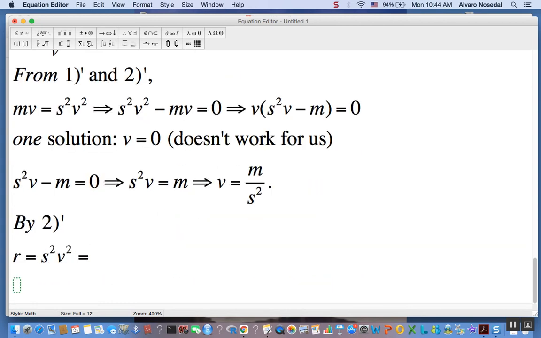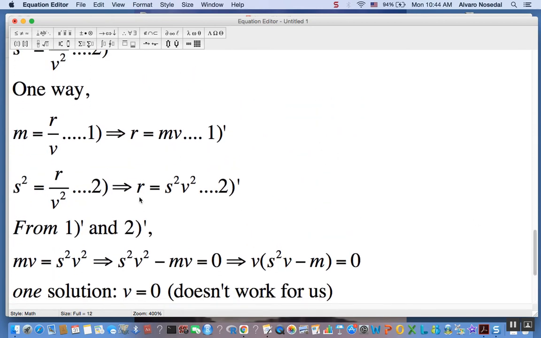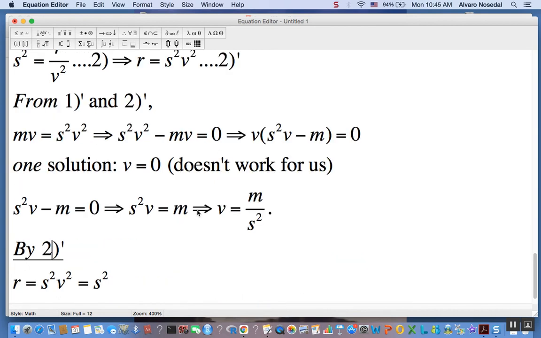Either one will work. So let me just do this one here.